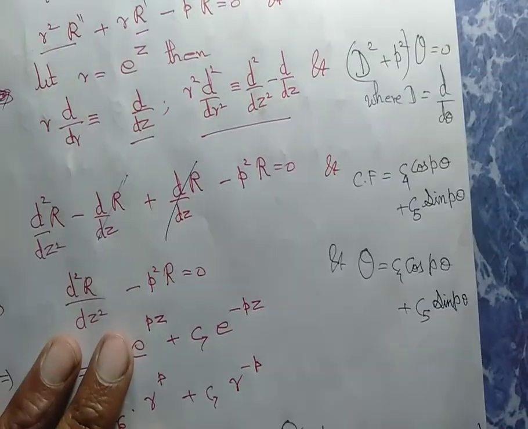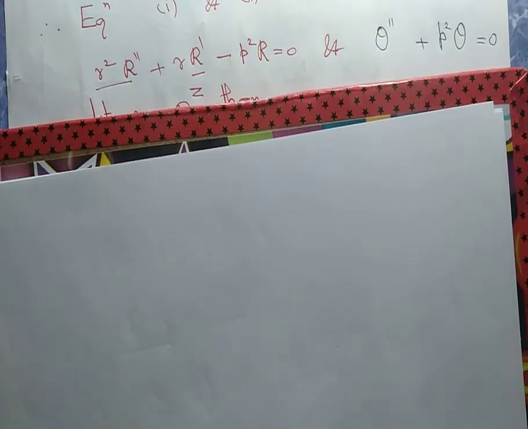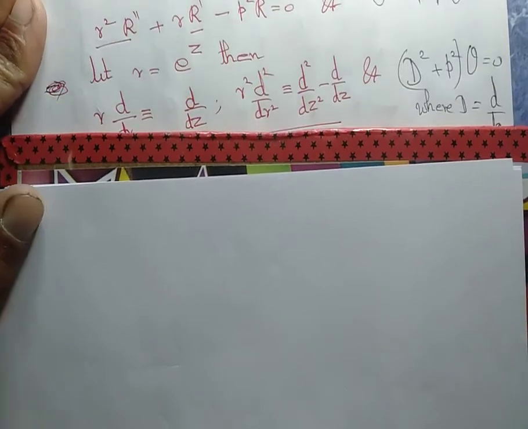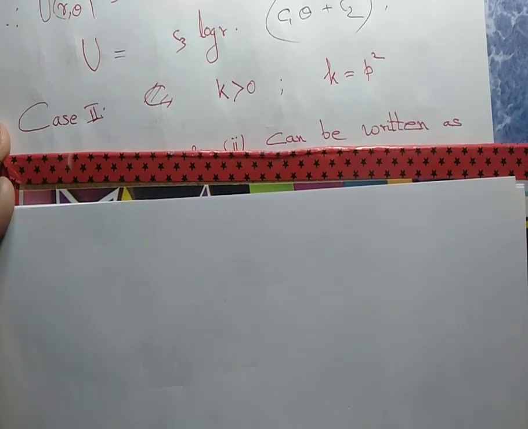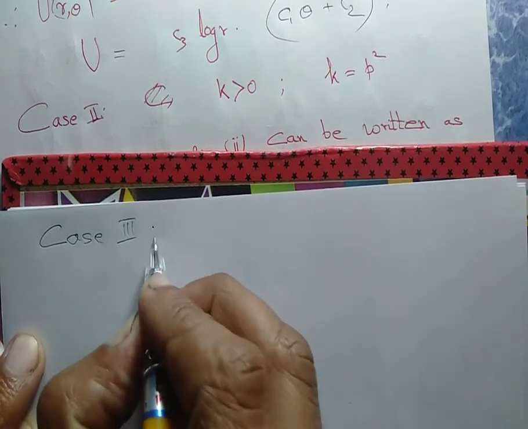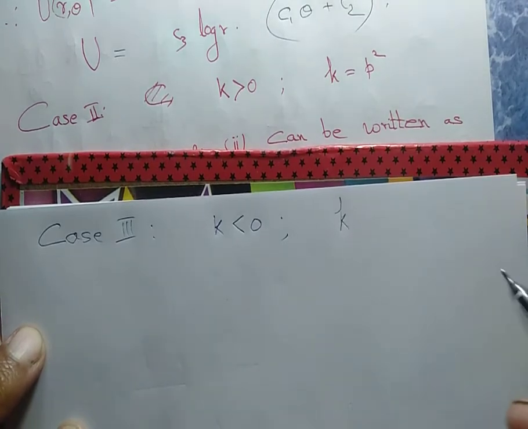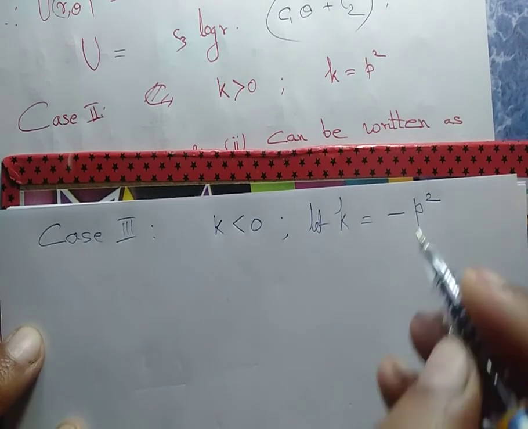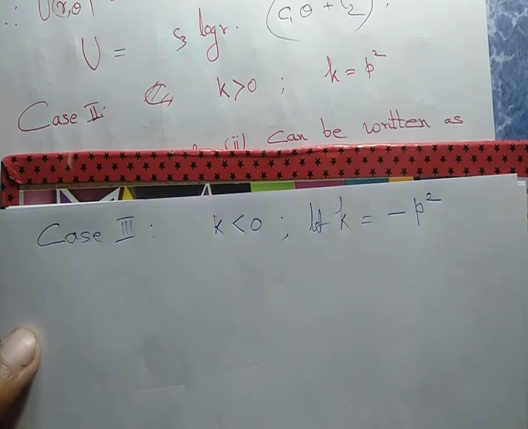At last, let's take case 3. We have case 2 k greater than 0, and we have at last case 3, k less than 0, let k equal to minus p square. Okay, then what about your differential equation?